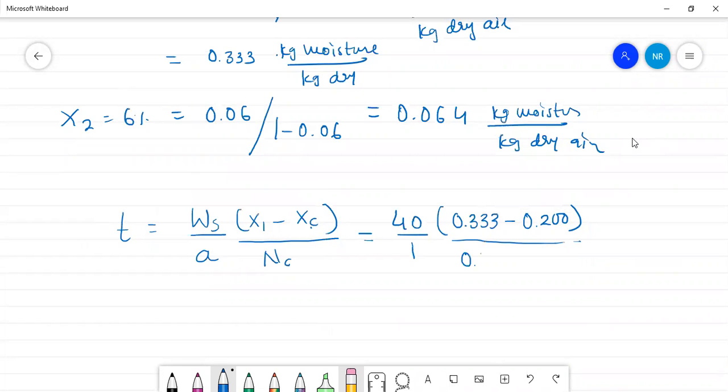So the value of Nc will be 0.30 multiplied by 10 raised to minus 3. If I do this, then we have a time of 17,730 seconds. If I don't take minus 3, then whatever we take is in minutes, so they are in different units. For unit purposes, we multiply it by 10 raised to minus 3.